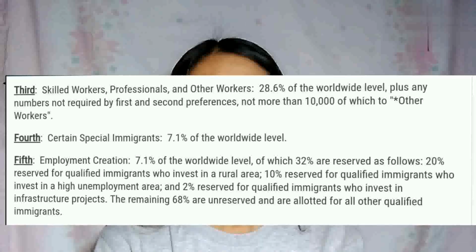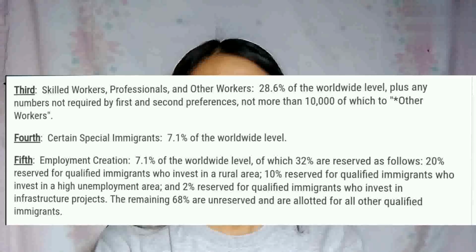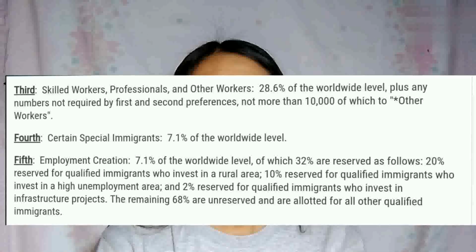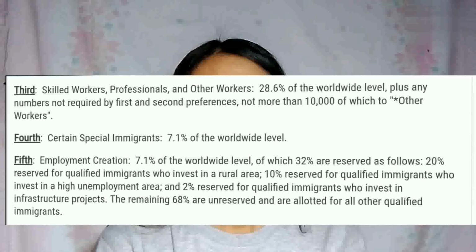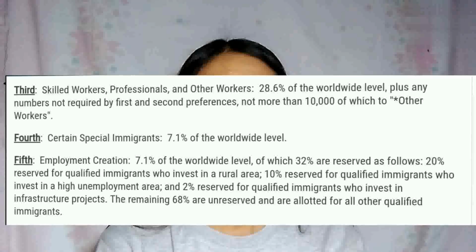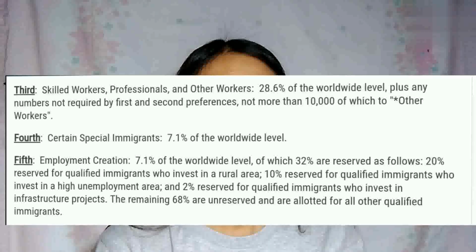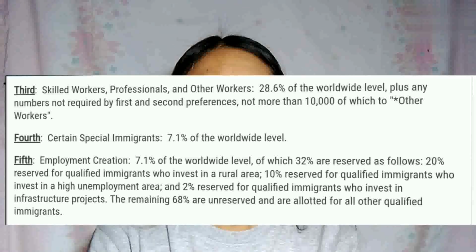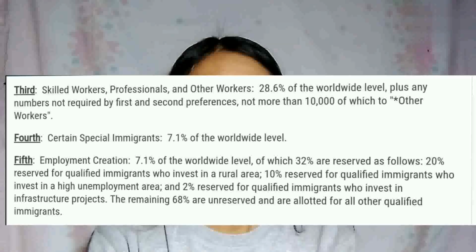Fifth, employment creation, 7.1% of the worldwide level, of which 32% are reserved as follows: 20% reserved for qualified immigrants who invest in rural areas, 10% reserved for qualified immigrants who invest in high unemployment areas, and 2% reserved for qualified immigrants who invest in infrastructure projects. The remaining 68% are unreserved and are allotted for all other qualified immigrants.